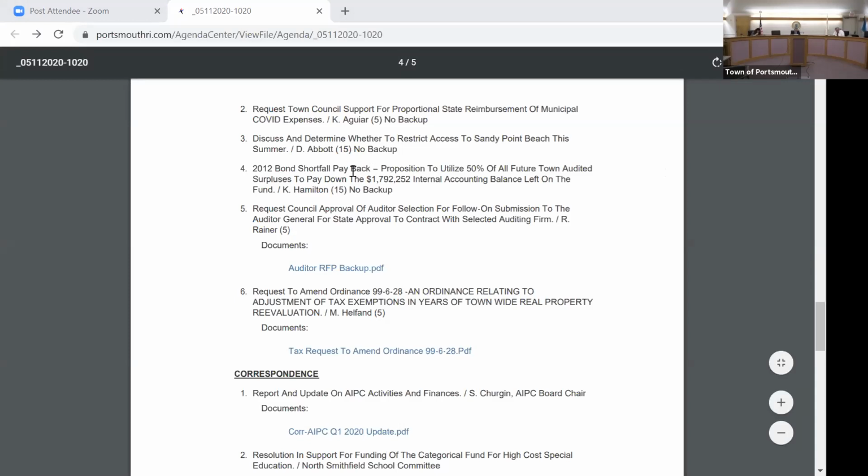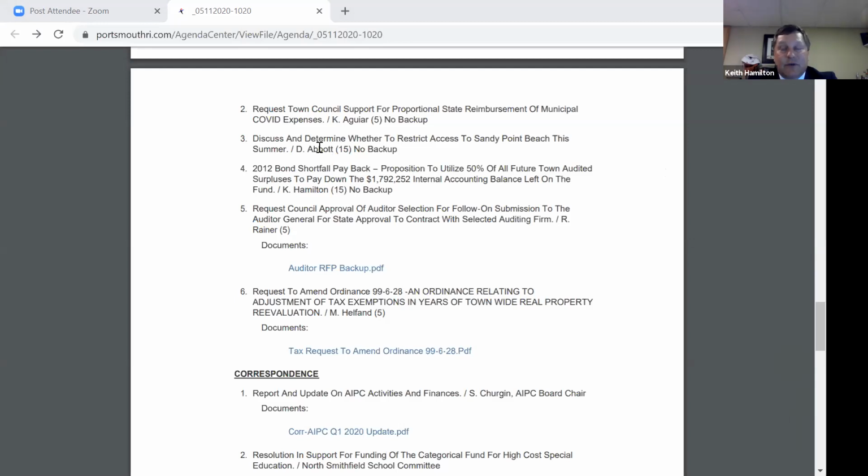Mr. Hamilton. I promise, at least I hope, this will be a lot quicker. So we have our 2012-2013 bond item that is accounting-wise hanging out there and needs to be paid off. When we looked at this 4 years ago, I made the suggestion that we use surplus to pay it down. I was outvoted on the council, and there was $50,000 per year of cash put towards it, which would take us at current levels 36 years to pay it down.